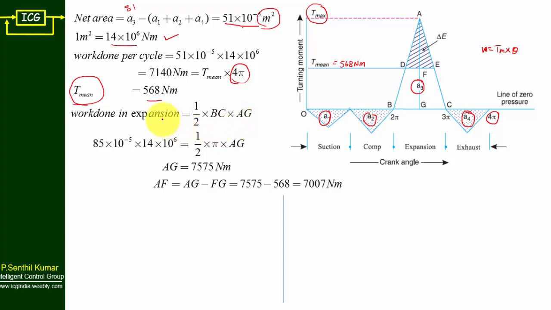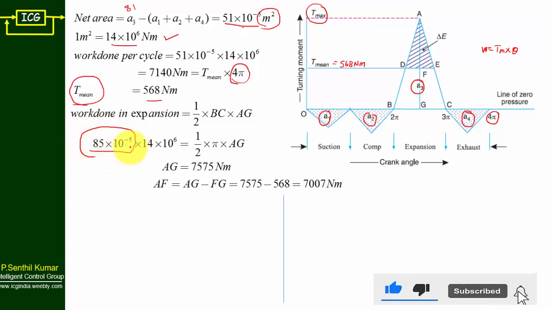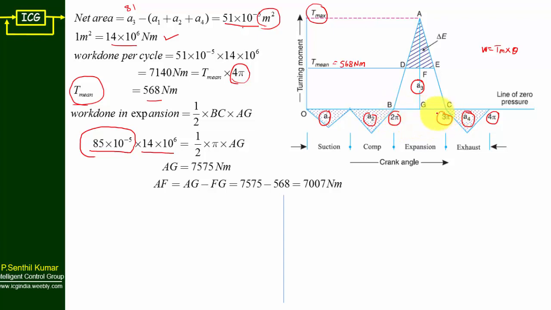The work done during the expansion stroke is 85 into 10 power minus 5 meter squared, which I need to convert into newton meter, so multiply that value by 14 into 10 power 6. That equals half into BC. Here B is 2 pi, C is 3 pi, so BC equals pi.